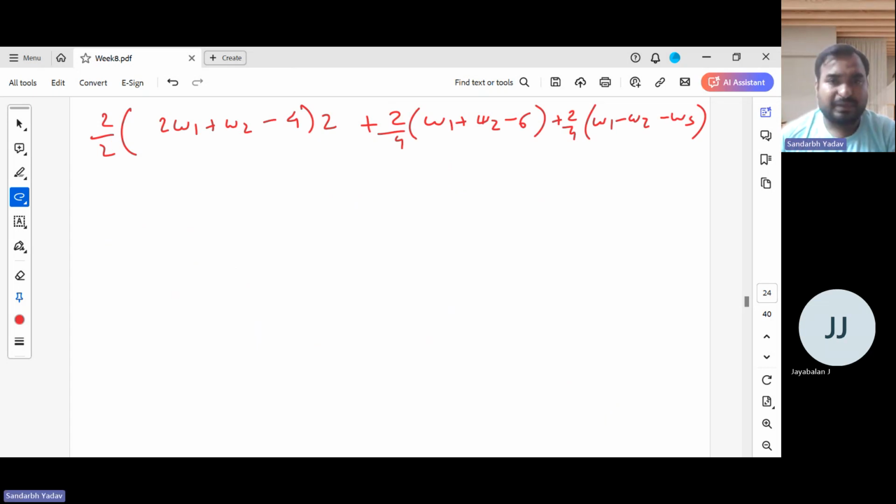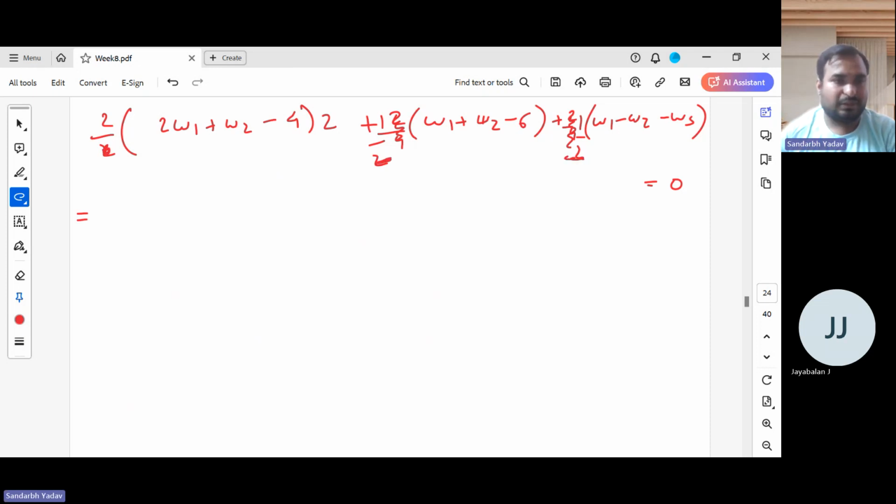So this becomes basically half, and either way we have to equate it to 0, right? So we can take these denominators and multiply them with 0. So our remaining equation becomes: this 2 will remain, this denominator is gone now.